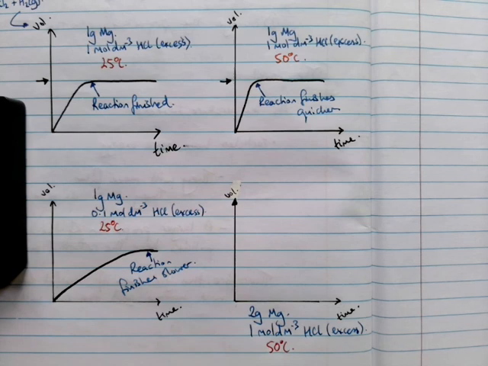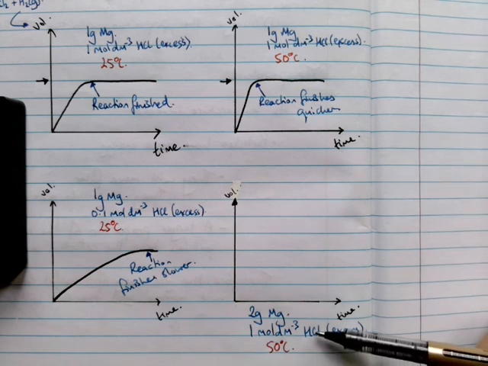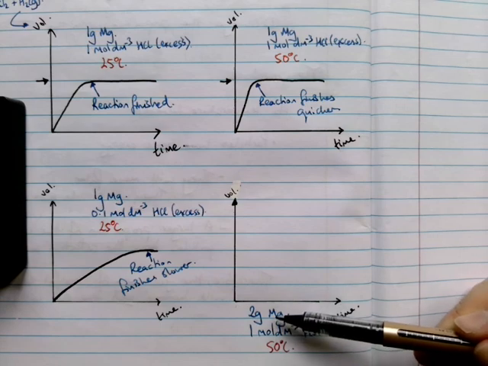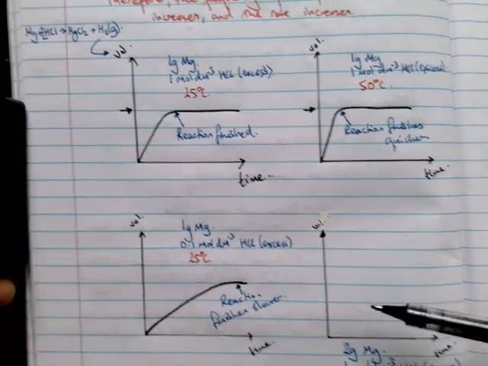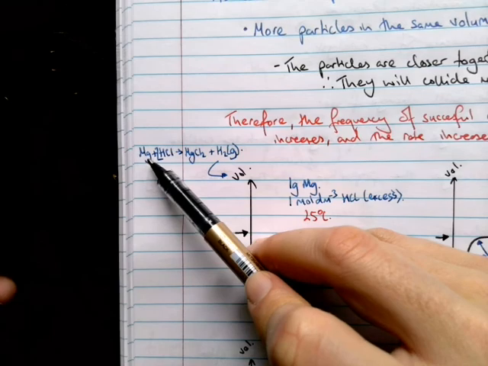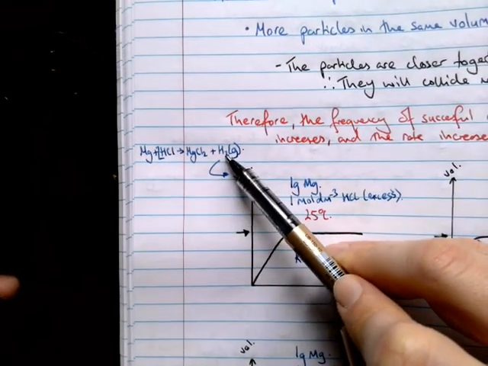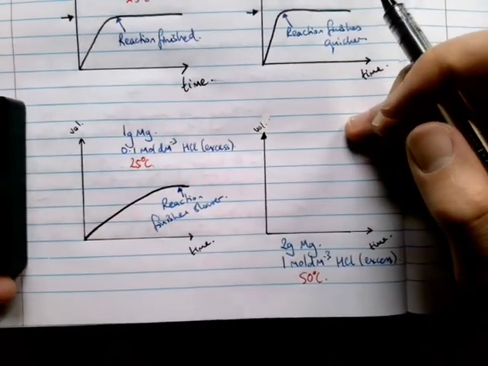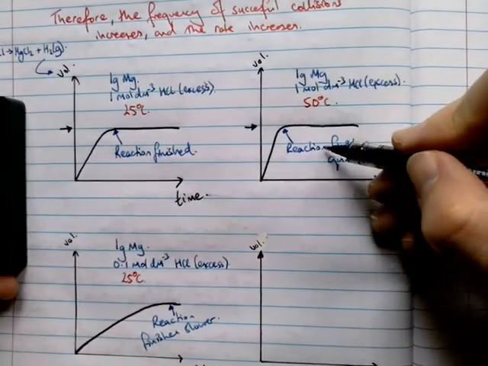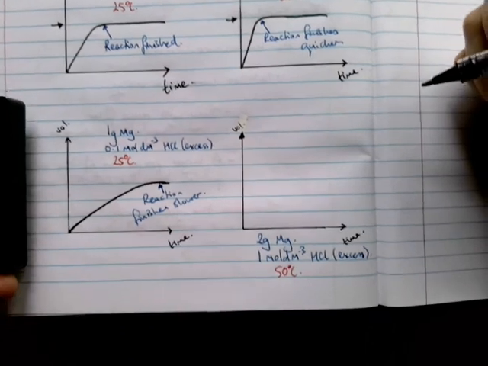Okay, so what you should have noticed is that, well, if I've still got an excess of acid, but I've doubled the amount of magnesium I use. Now, if I look at my equation, if I use twice as much magnesium, I'm going to produce twice as much hydrogen. So this graph, well, up here I had 1, 2, 3 lines of hydrogen gas.